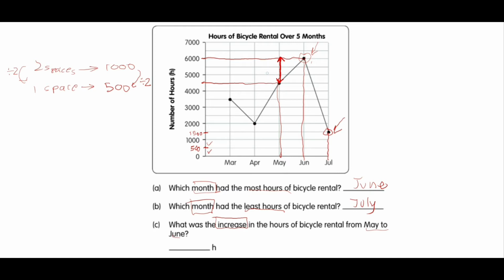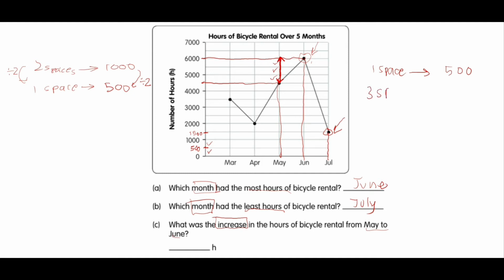And that is how many gaps? Let's count. 1, 2, 3 gaps. So we know that one space is 500 in value. So from May to June, there is 3 spaces increased.